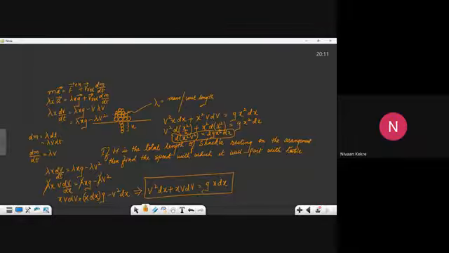Yes, sir. If you've connected, then you know what to do next. Integration. Integration means x square v square is equal to twice g x cube by 3. X square and x cube gone.